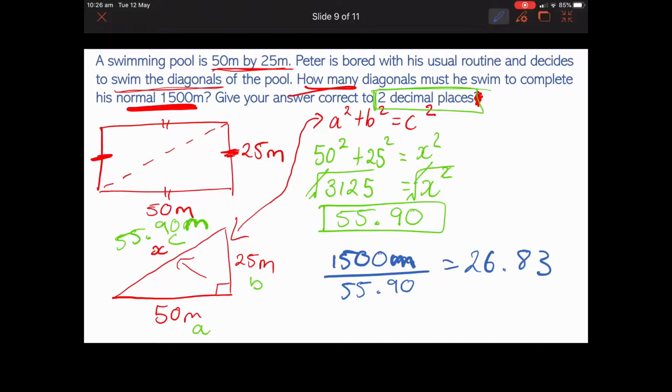So let's go with he needs to do 27 laps. So really this is correct to 2 decimal places here, 26.83 laps. But let's go with what would be more useful, 27 laps.